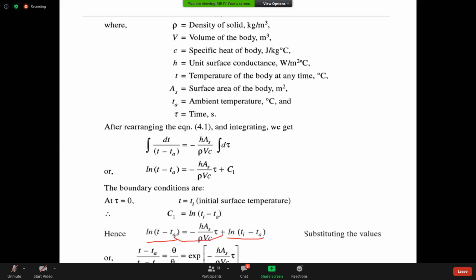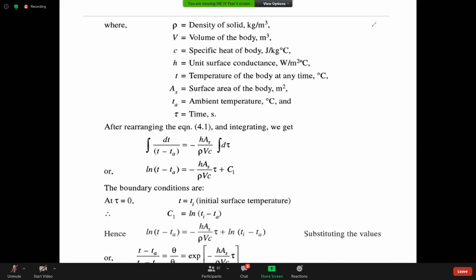If it comes to this side, minus ln of T minus Ta minus ln of Ti minus Ta, log A minus log B is log of A by B. So this becomes ln of A by B. If I take this ln to the other side, then that becomes the exponential. This is the basic simplification. And this theta is the temperature excess, and this is the initial temperature excess. Based on the initial temperature, I can write it like this.